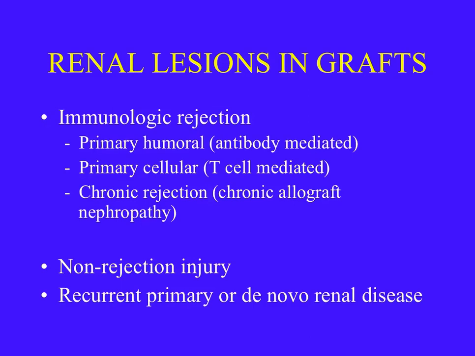The lesions in the renal allografts that we will focus on today can be classified into the three following categories: immunologic rejection, either humoral, cellular, or chronic rejection; non-rejection injury; and of course the category of recurrent primary or de novo renal disease.